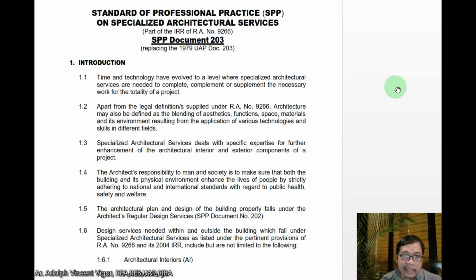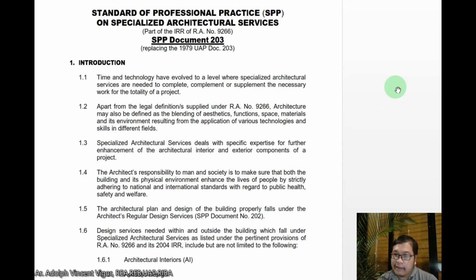Then we have specialized architectural services, which deal with a specific expertise for further enhancement of the architectural interior and exterior components of a project. The practice outside the Philippines is that the architect is no longer a general practitioner.